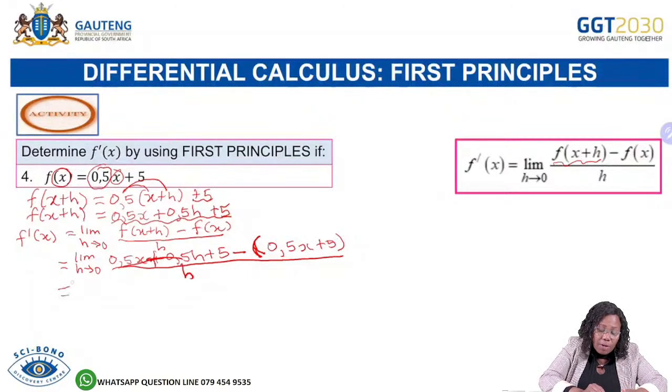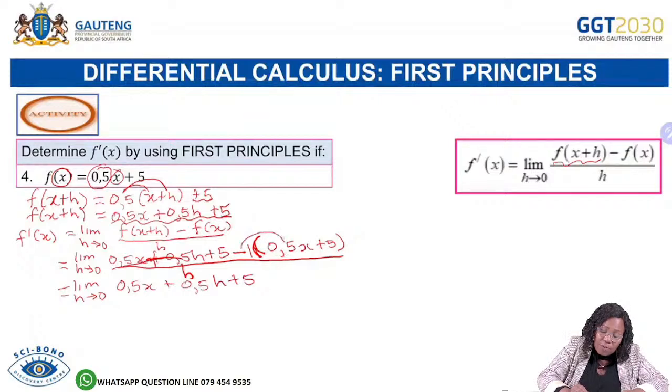And then now we have the limit of h approaching 0, and then this will be 0,5x plus 0,5h plus 5. The aim is to get rid of the bracket here. This will be negative 1 times 0,5, which is negative 0,5x.